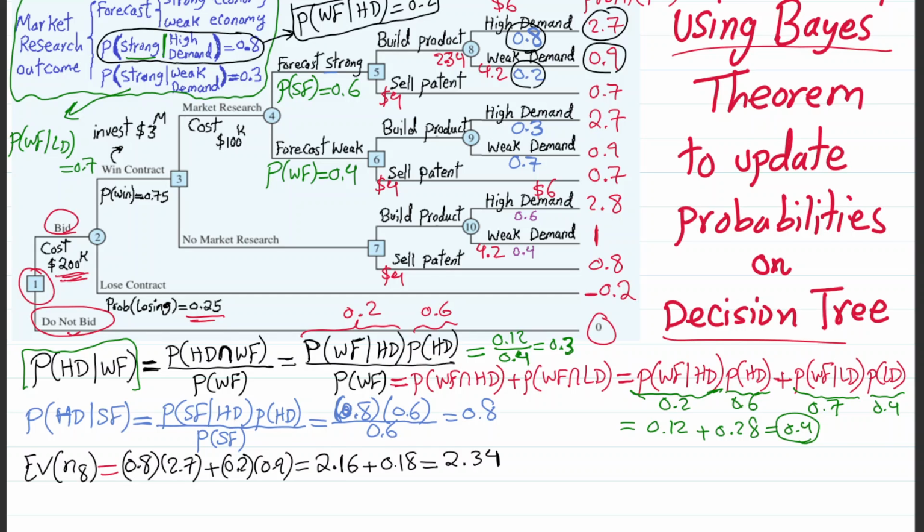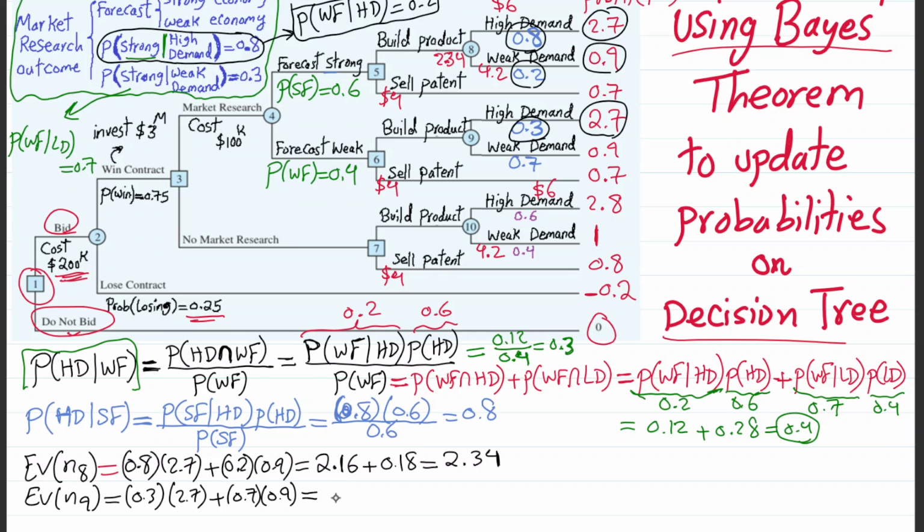Okay, we can do the same thing for the rest of the nodes. For example, let's say expected value of node 9, the chance node right below node 8. Same procedure: 0.3 is the probability times 2.7, and then you have 0.7 times 0.9. So what are we gonna get?